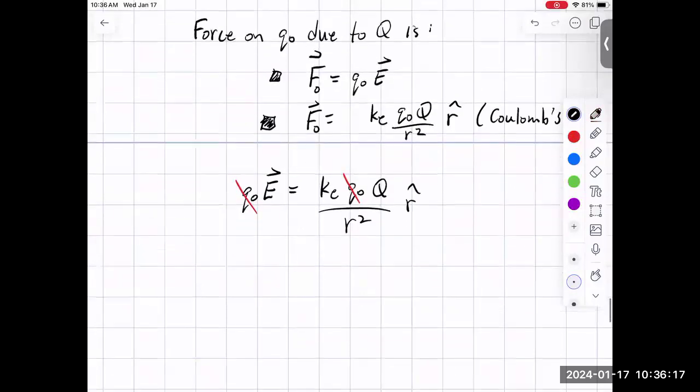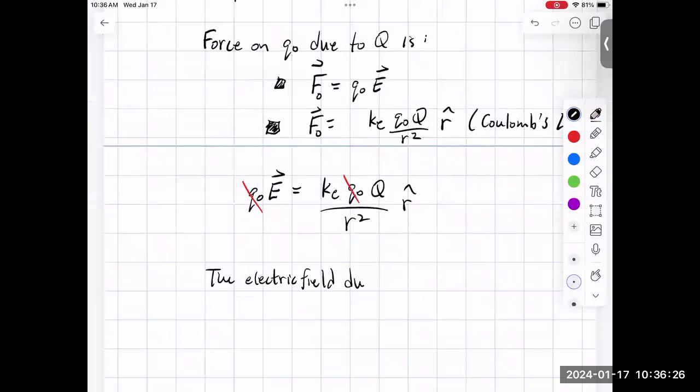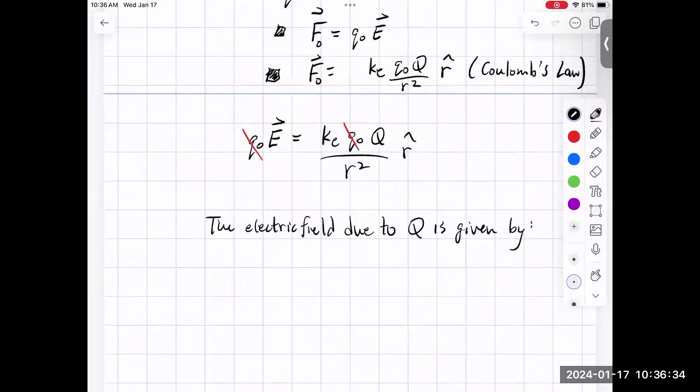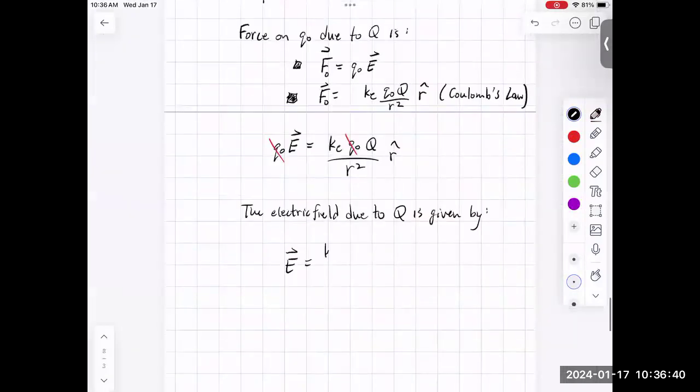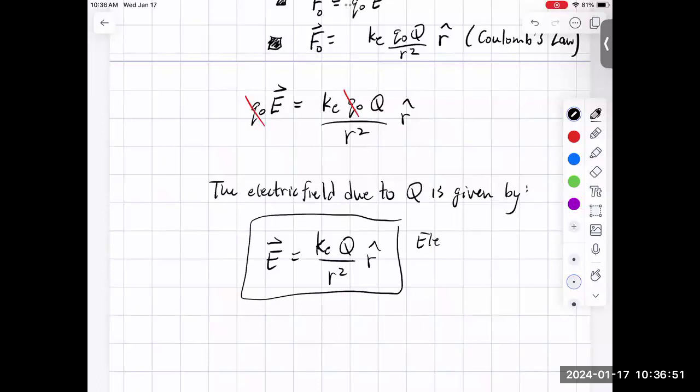And so finally then, the electric field due to capital Q is given by E equals Coulomb's constant times capital Q divided by r squared times r hat. So the electric field of a point charge capital Q.